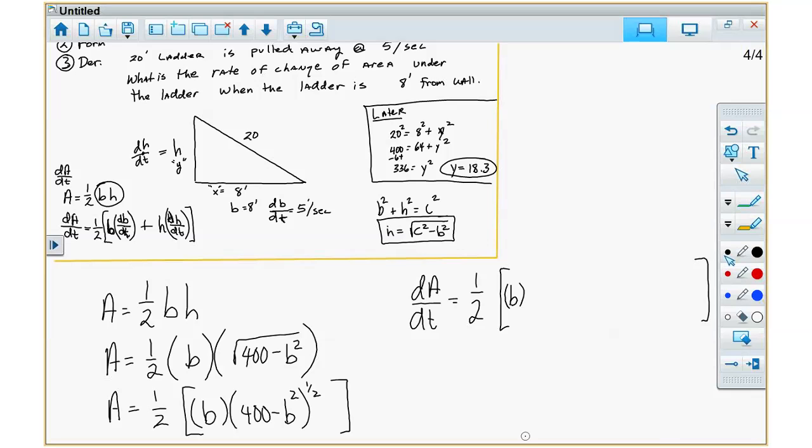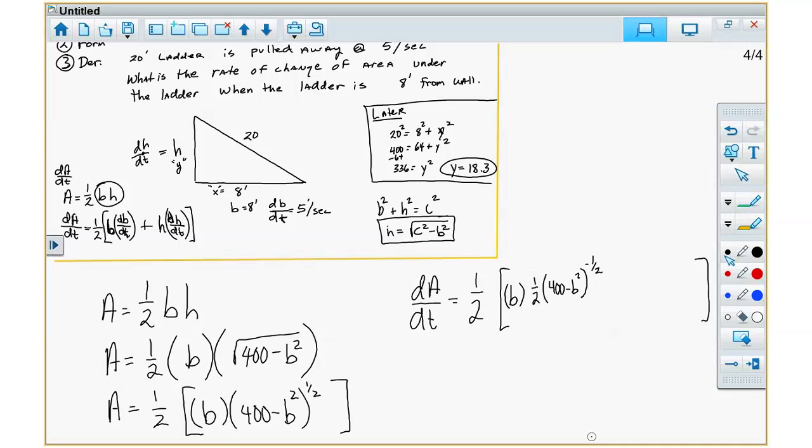Well, that's going to be 1/2 times, what's the derivative of, well, this would be the chain rule, so that'd be 400 minus b squared to the what? Negative 1/2.